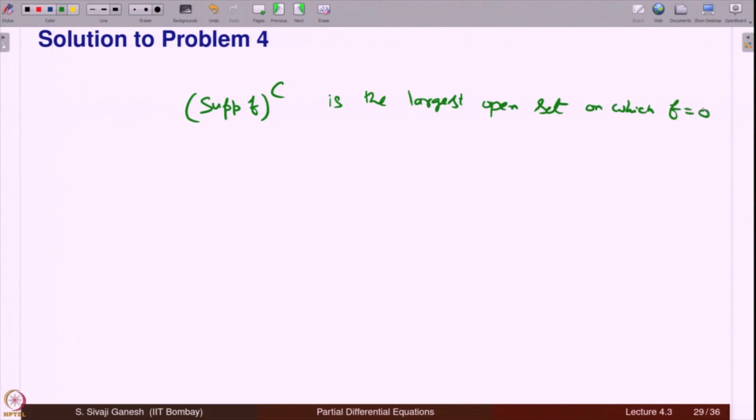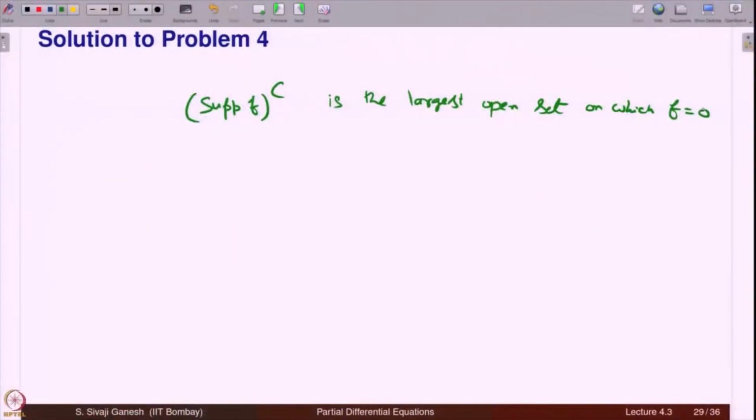That means, take any open set on which f is 0, keep on collecting such open sets, and take the union. You will get the largest open set on which f is 0; take the complement, and that will be the support of the function. Verify that this coincides in the previous 2 examples that I have given.